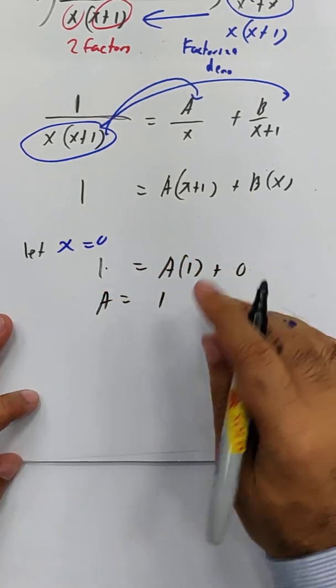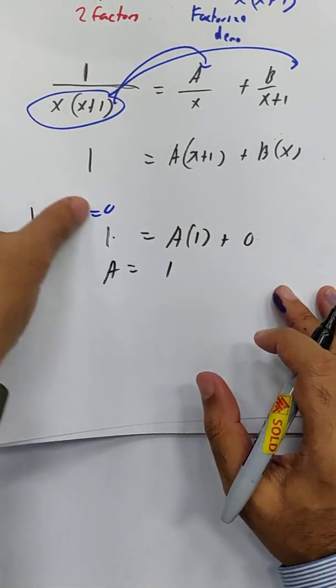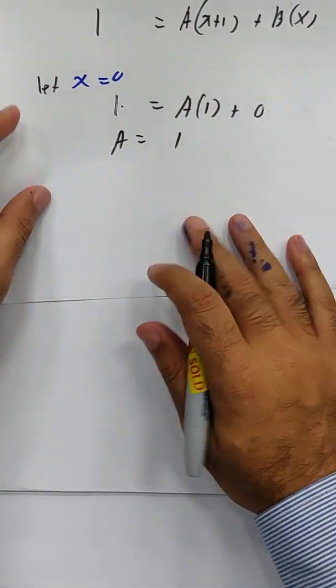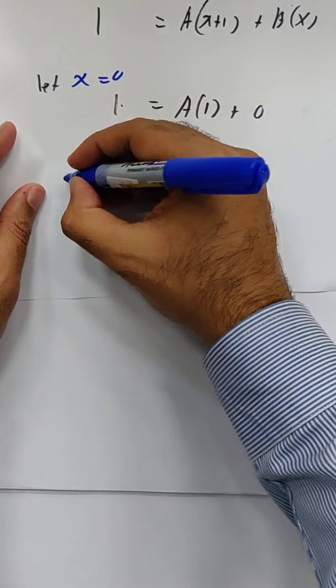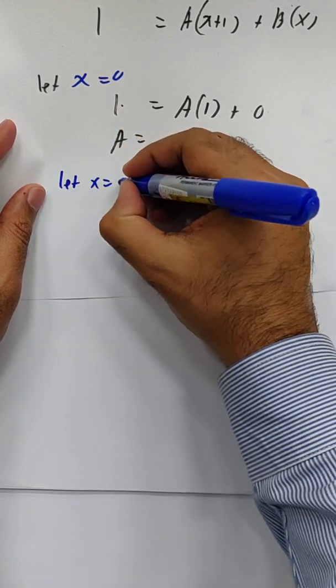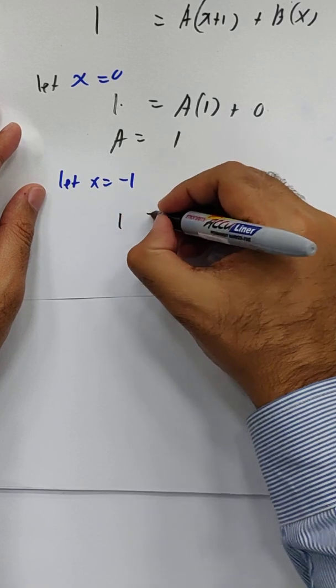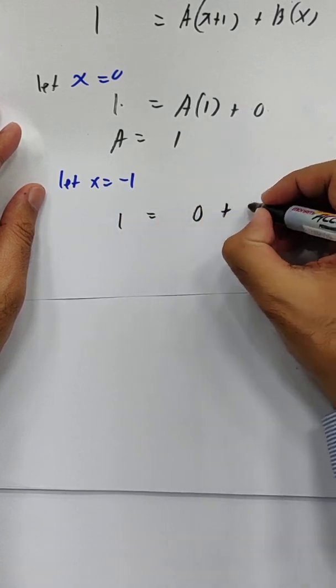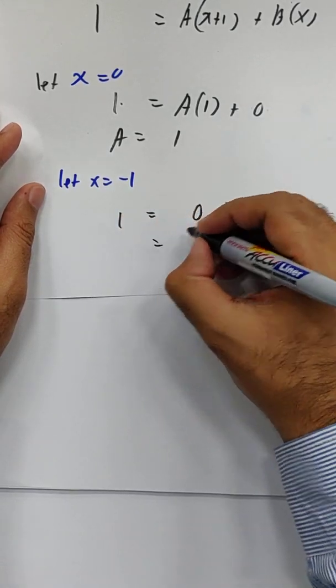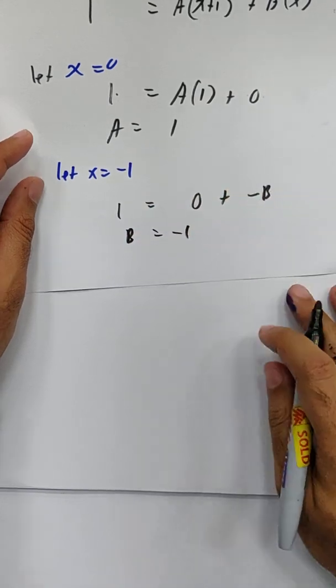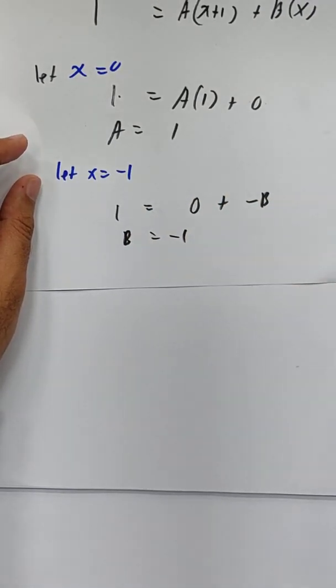So A is 1. And the other one will be x equals negative 1. 1 equals 0 plus negative B. So B is negative 1.